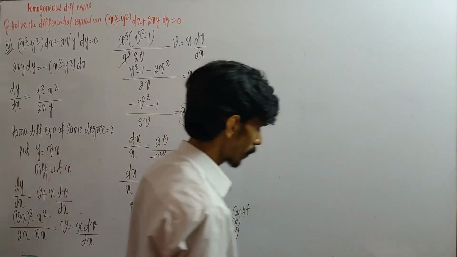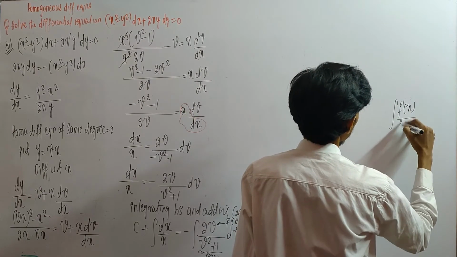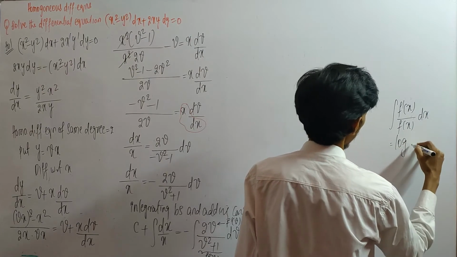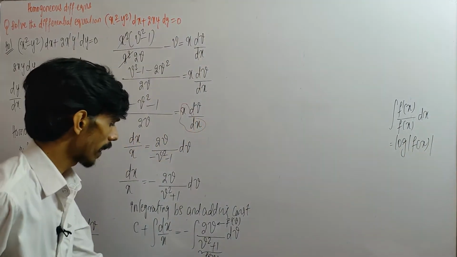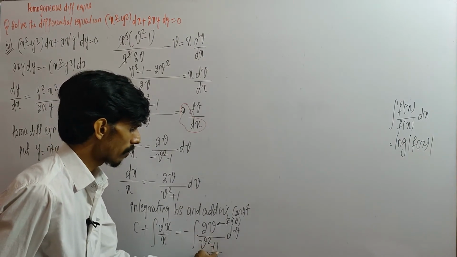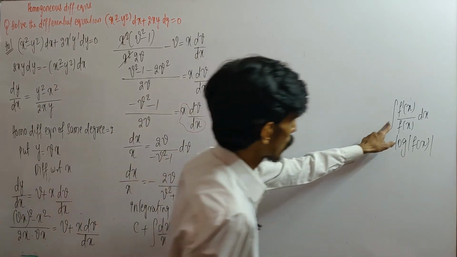It means that we know that integration of f dash of x upon f of x dx value is log of denominator. So here also, if I take this as f of v, then the v square derivative is 2v, the derivative of 1 is 0, so 2v plus 0. So this is in this form.